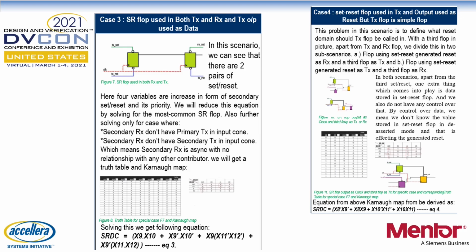In this paper we have solved this equation for a scenario where the third flop is a TX flop feeding into a flop which is using the reset generated by an SR flop. The variables are similarly defined, as you can see in detail in the poster, and we can similarly define an equation, which is shown in the slide. The detailed work is there in the poster. You can refer to the poster for detailed work over here.